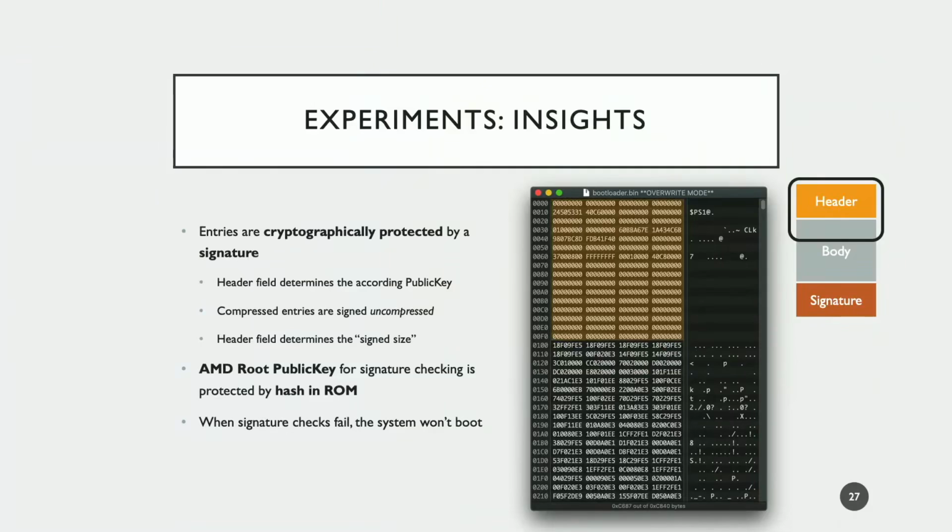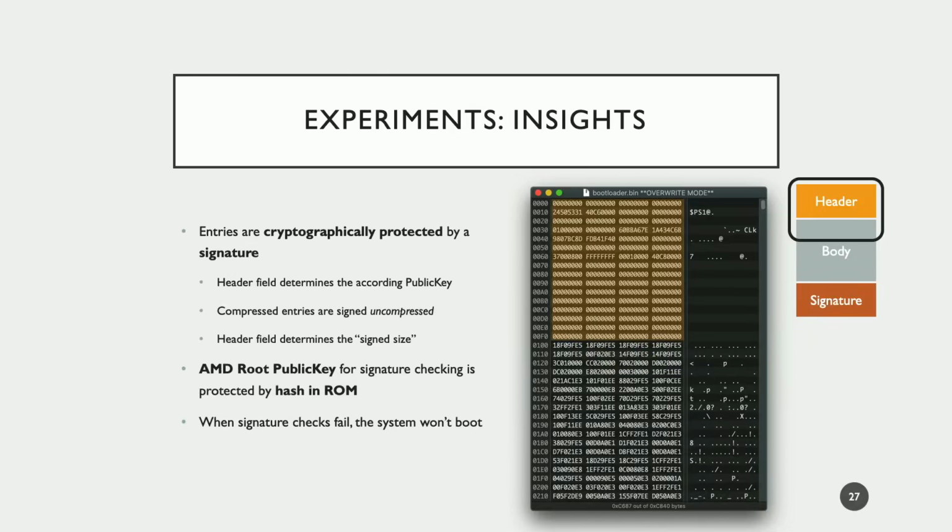So from those experiments, we gained some important insights about this black box. The entries are cryptographically protected by signature. We didn't only find the signature, we found out if we would alter a byte in the entry, it wouldn't boot anymore. So one of those header fields determines the according public key.